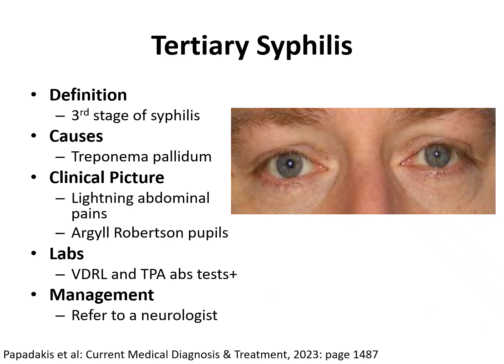All right, let's look at three other causes of abdominal pain that don't quite fit into the previous triads that we've just discussed. First is tertiary syphilis. Tertiary syphilis, by definition, is stage 3 syphilis.